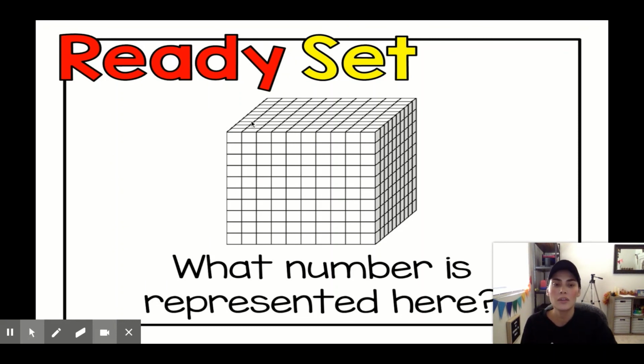So the value of this number represented here with visual base tens is 1,000. I can count by hundreds to check: 100, 200, 300, 400, 500, 600, 700, 800, 900, 1,000.